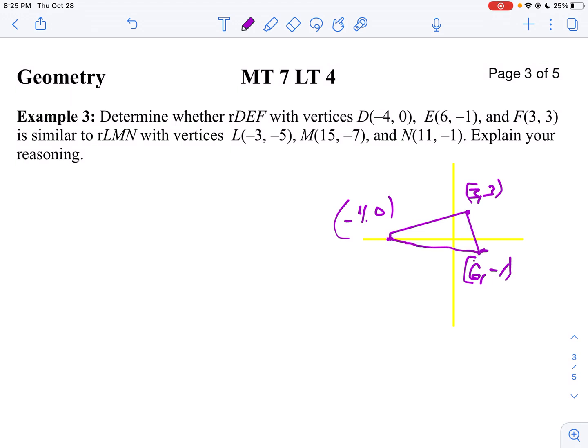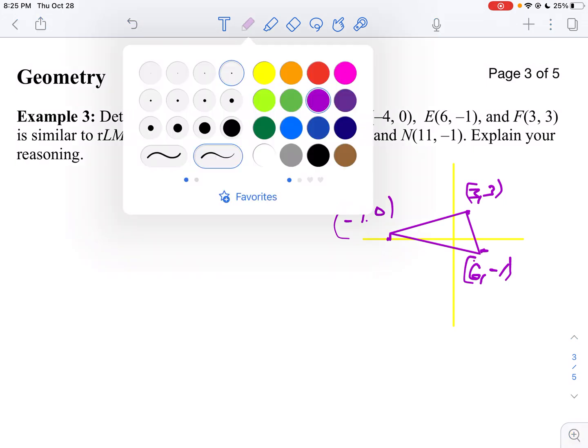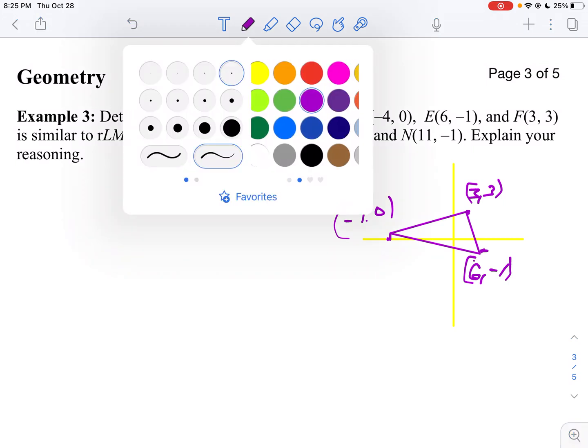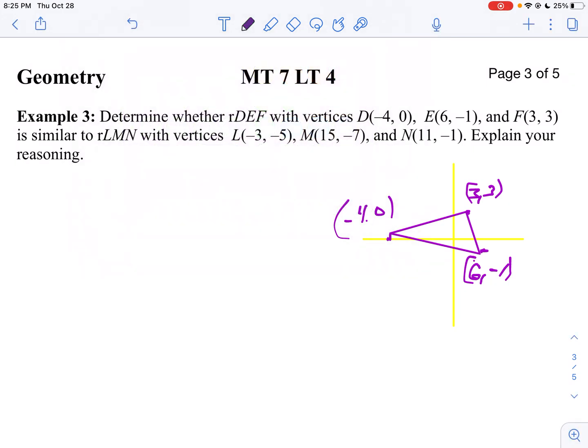And then I want to compare that to my other triangle, which is going to be at negative 3 and negative 5. And then we'll look at 15 and negative 7.